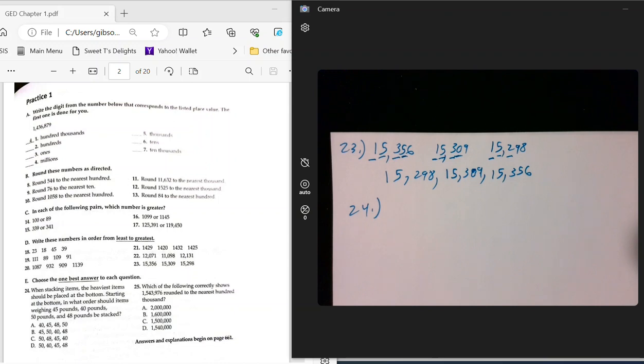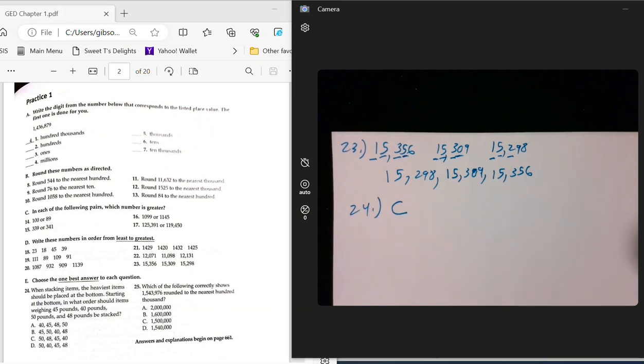But we know with process of elimination that 50, since it's the heaviest, has to be first because they want us to go from the bottom to the top. So that means A and B is gone. Now we look at C and D. Both of them start with 50 on the bottom. So we know our next heaviest weight is 48, which only C has. So C has 50, 48, 45, and 40. So your answer here would be C for 24.